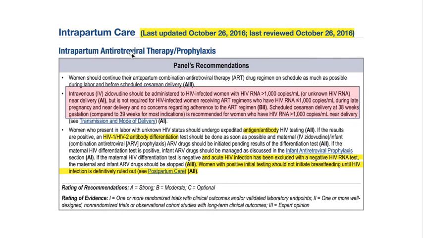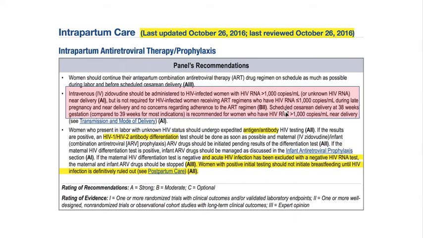For intrapartum antiretroviral therapy, for women who have a known viral load of greater than 1,000 copies, whether they are on medications or not, they should receive zidovudine near delivery, but it is not required for women who have a viral load of less than 1,000, taking from the prior data.